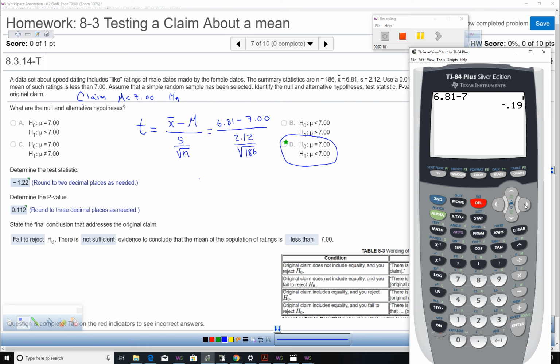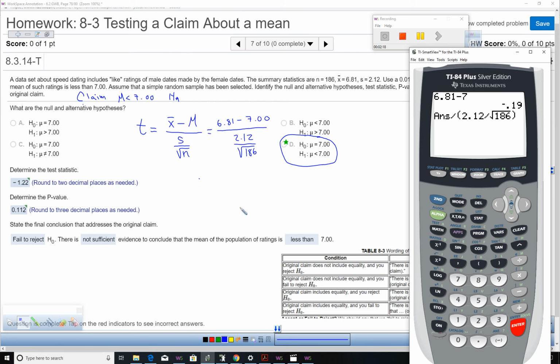The sample standard deviation, include parentheses here, 2.12 divided by the square root of 186, and I get out of the radical and close the parentheses. Okay, and this is what I obtain, a negative 1.22. That's the number right here.